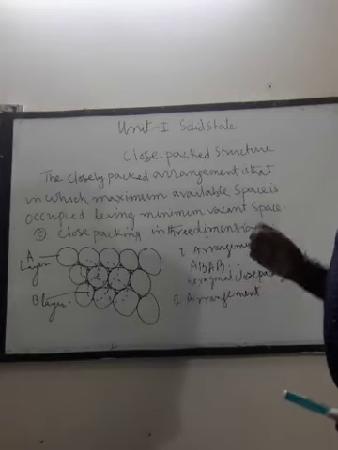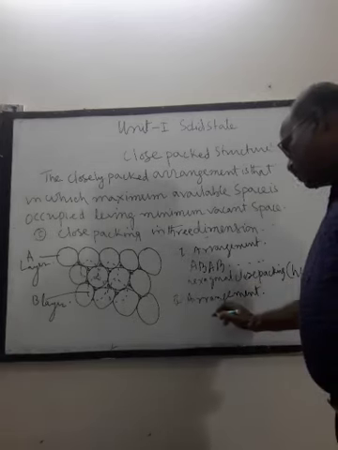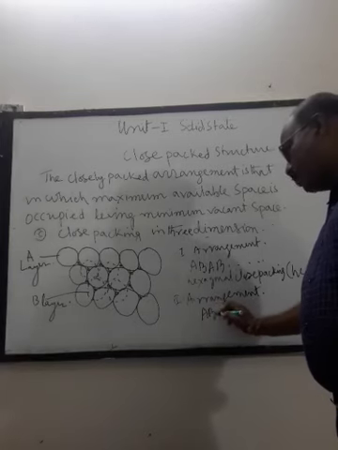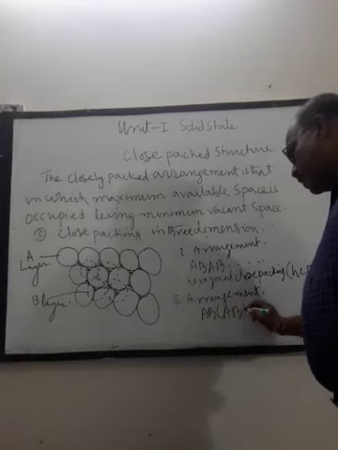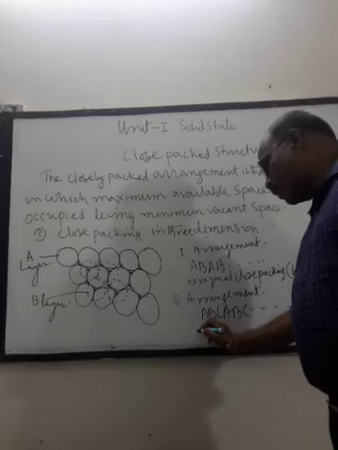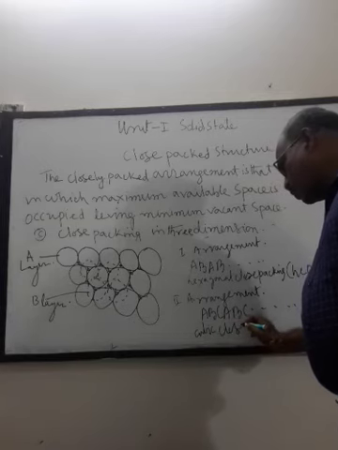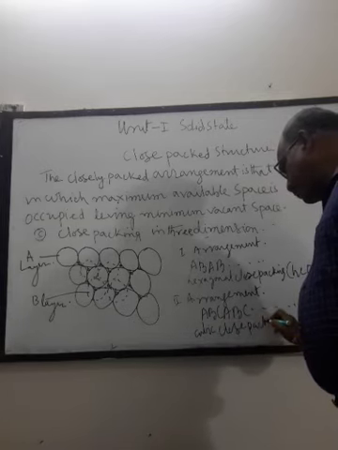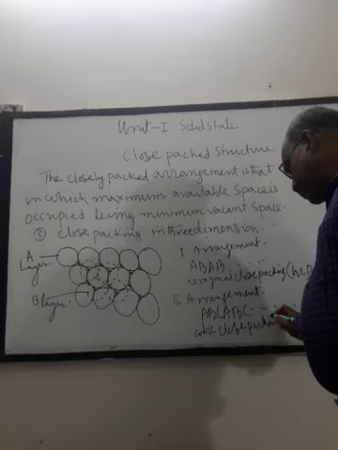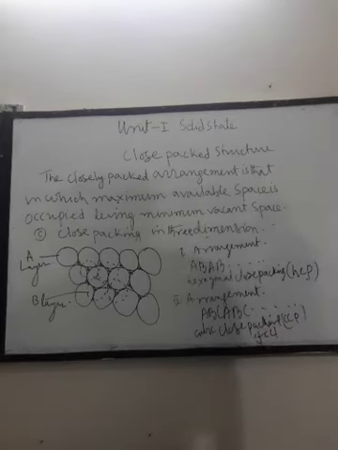If such a layer is represented by C layer, then such an arrangement is called ABC type of arrangement. It is also known as cubic close packing, CCP, also called FCC, face centered cubic.